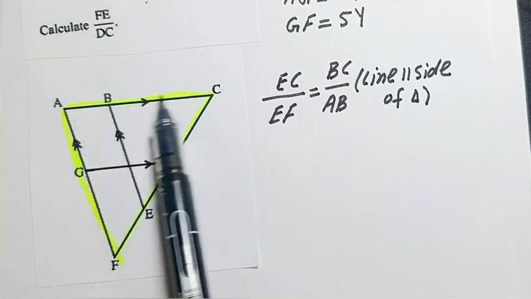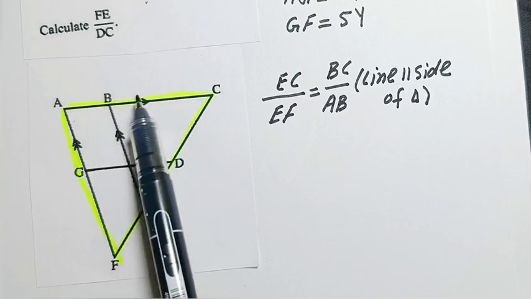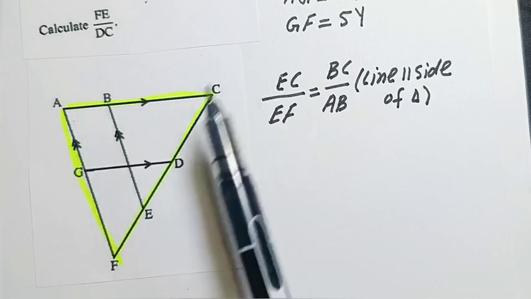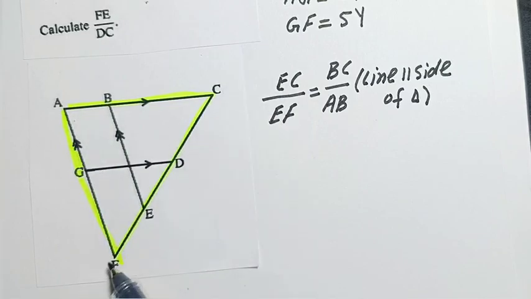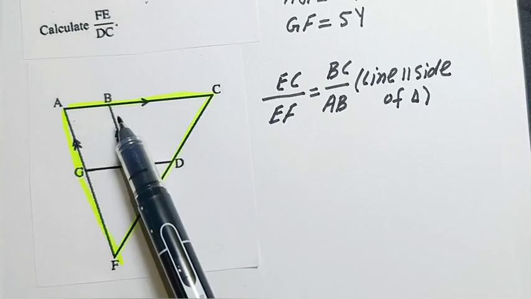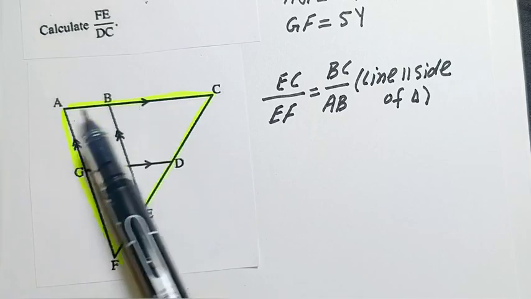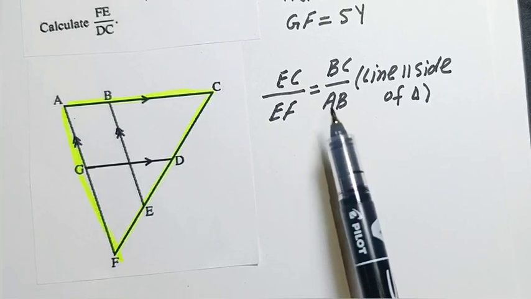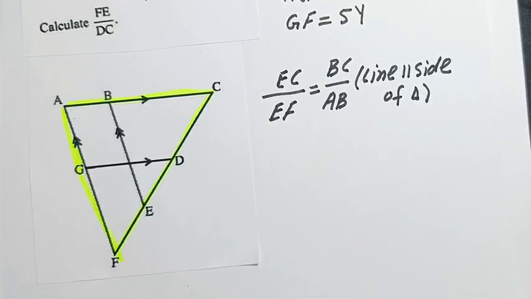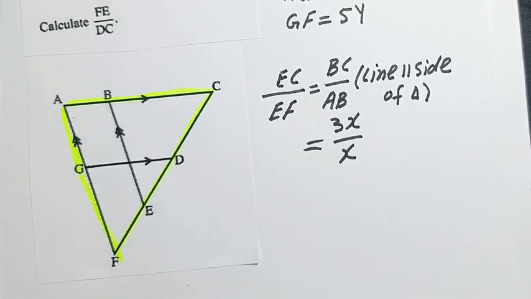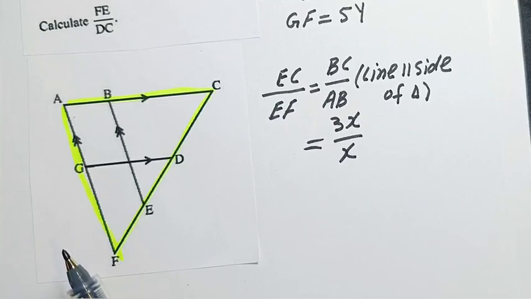We can choose any combination, so I decide BC over AB, which means we need to find EC over EF. So EC over EF is equal to BC over AB. Now BC we got 3x and AB we got x, so 3x over x. Now we need to see what else we can do.